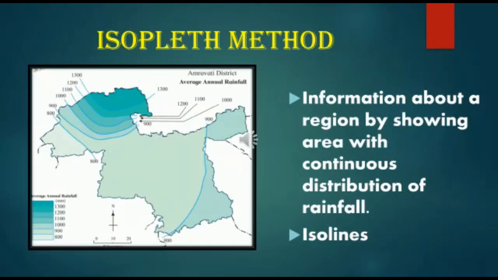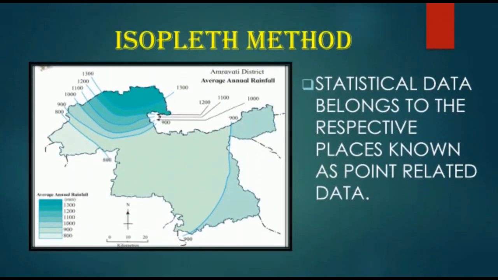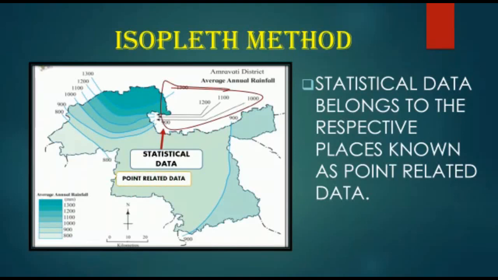Here, the distribution is shown with the help of lines showing equal values. These lines are called isolines. Here, statistical data such as average annual rainfall belonging to the respective places is known as point related data.